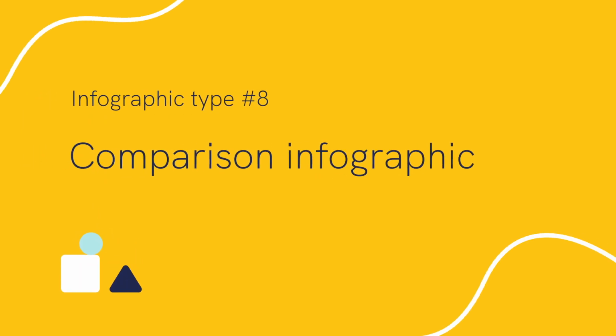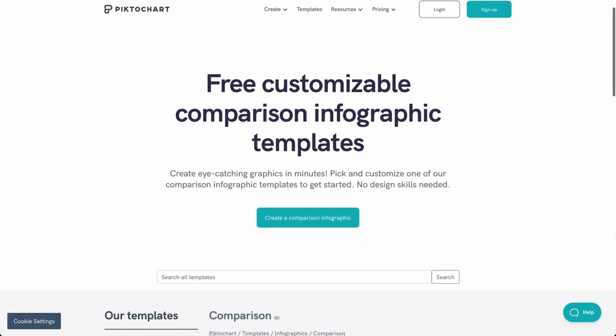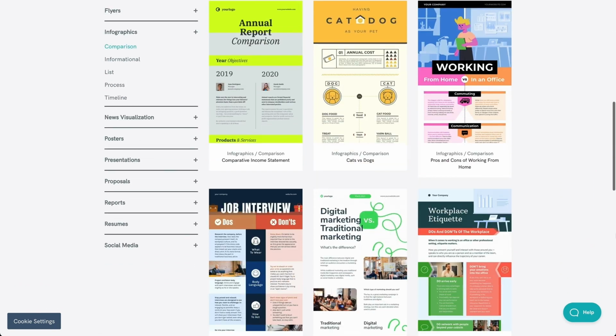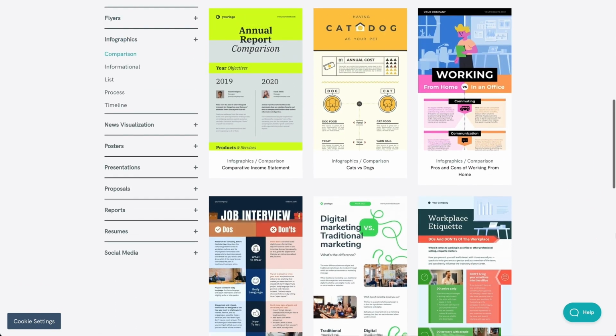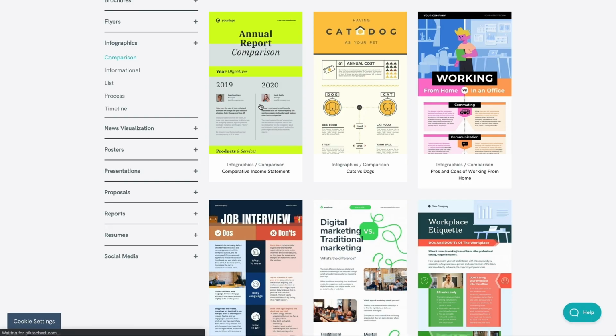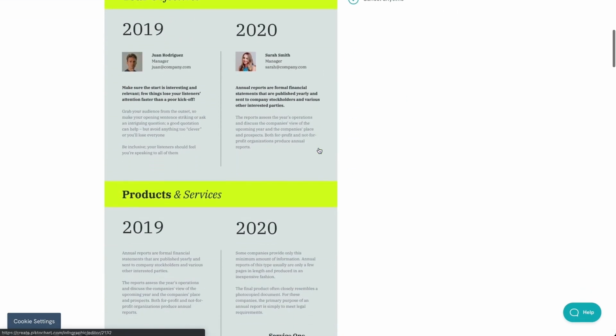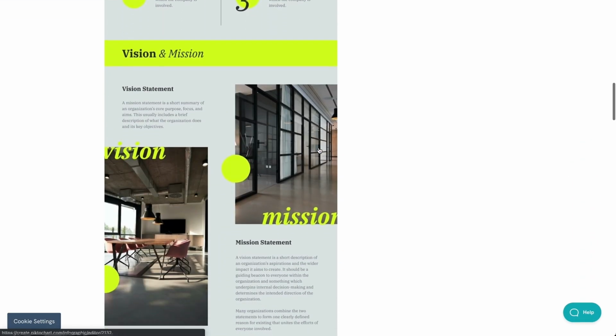Infographic type number 8, comparison infographic. Also known as the versus infographic, a comparison infographic is another popular infographic style you see in blogs, social media, and emails. It's commonly used for a reason. It helps provide clarity when deciding between two or more objects, places, ideas, or concepts.